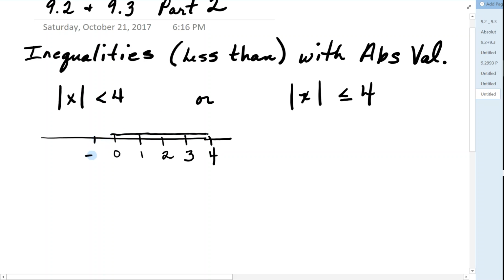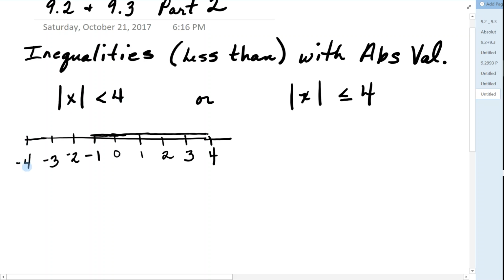But let's take a look at negative 1. The absolute value of negative 1 is 1, which is less than 4. So all of these are included. Negative 2, its absolute value is 2, which is less than 4. Negative 3, its absolute value is 3, which is less than 4.